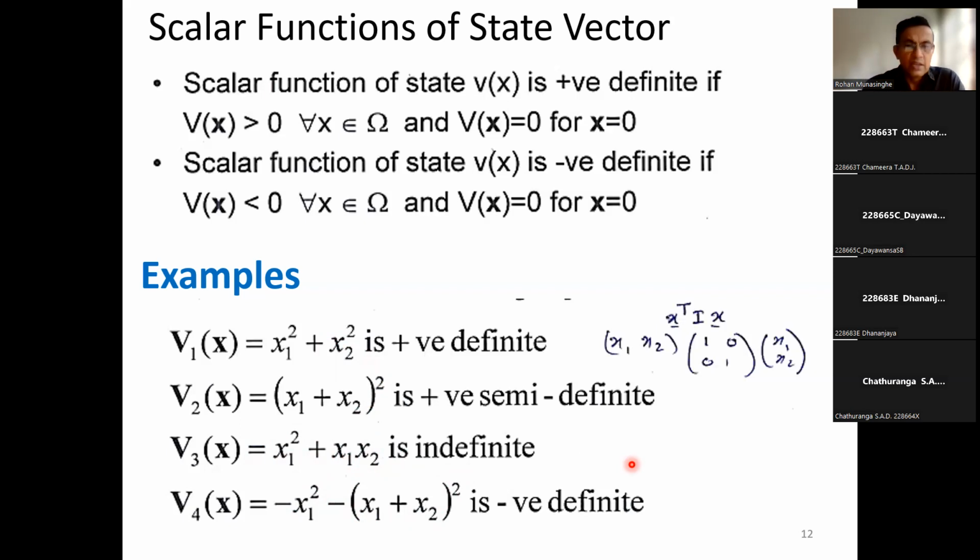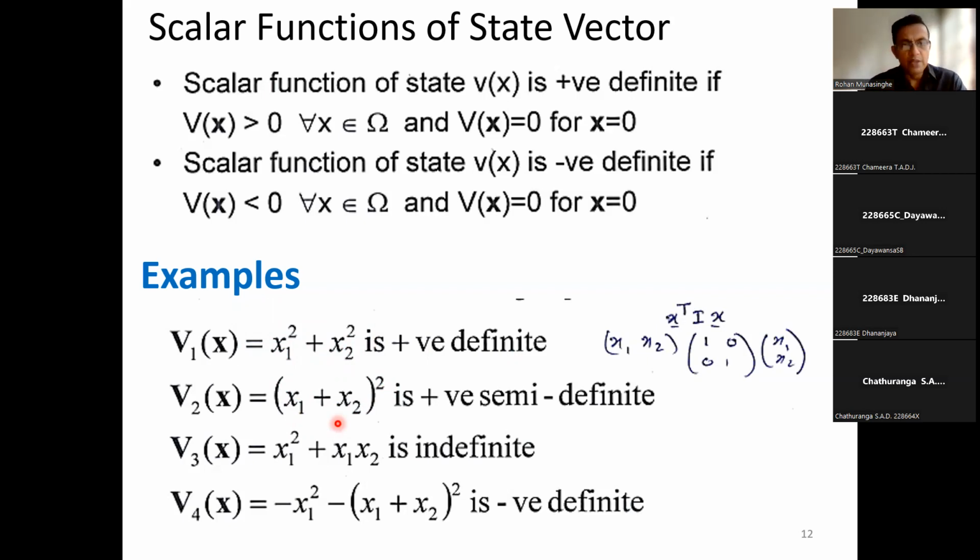But the point here is that this one, x1 square plus x2 square, is positive definite, because it is definitely positive, and it is 0 only at 0, 0. If you put 0 and 0, the answer is 0. But if you put anything else, the answer is positive, because it's two squares. What about this one, x1 plus x2 whole thing square? This is certainly 0 at 0. When you have 0, 0, the result is 0.